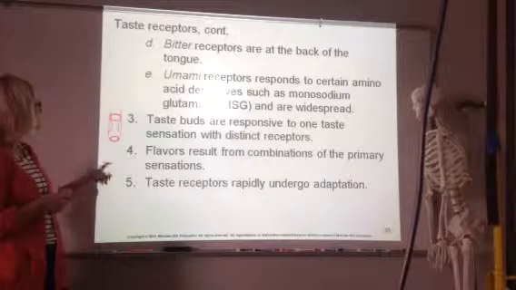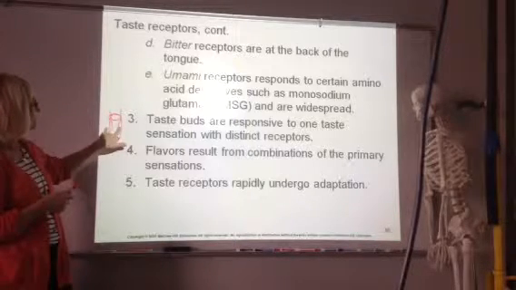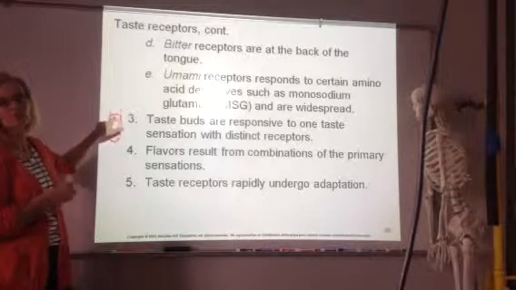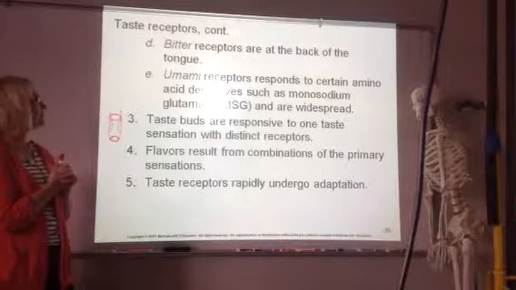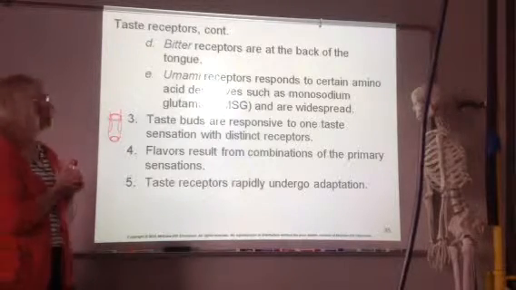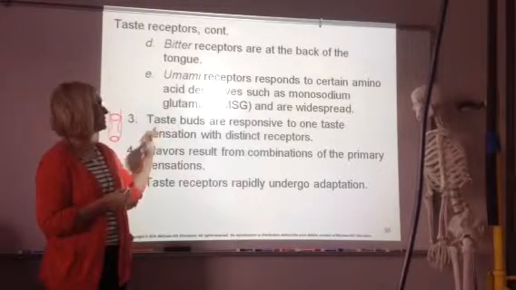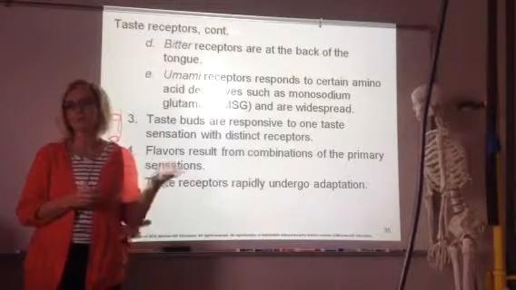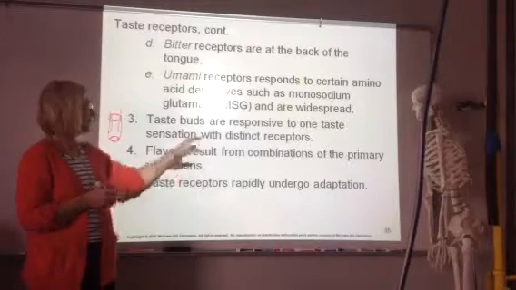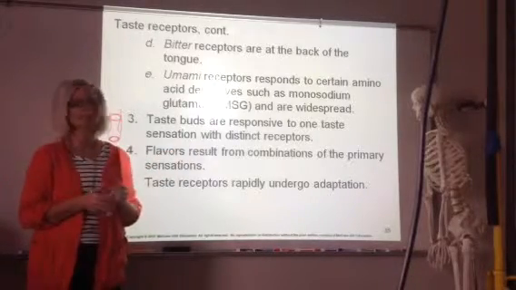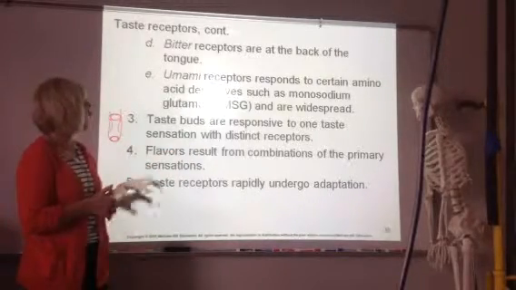So the main ones are sweet, sour, and bitter that have more specific areas on your tongue. Taste buds are specific, so they're responsive to one taste sensation, and they have distinct receptors for that type of taste.